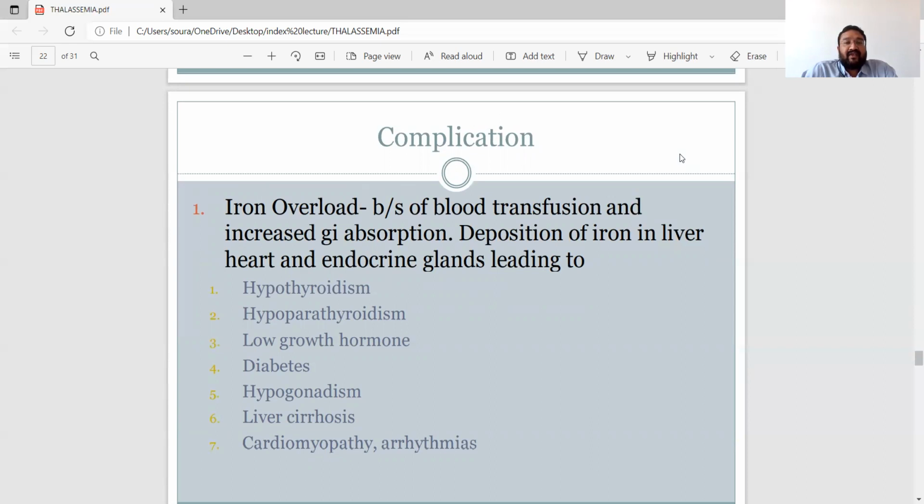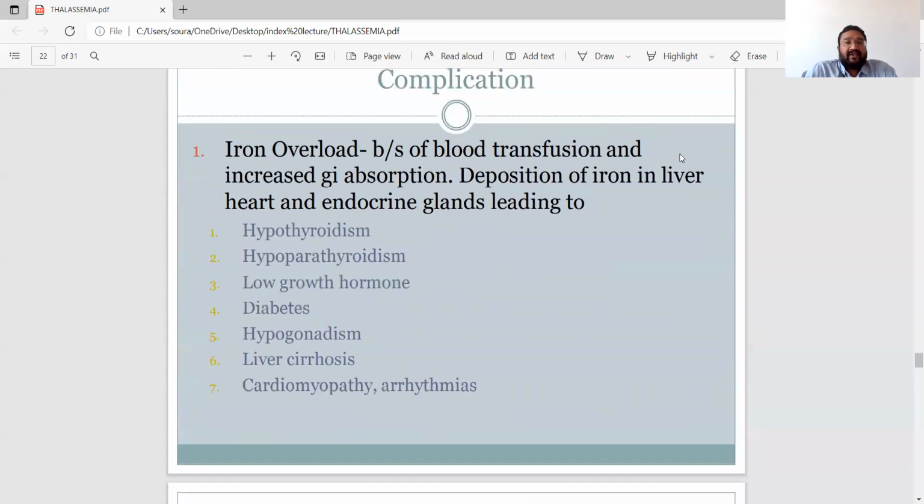This iron is deposited in various organ systems of the body, mainly liver, heart, and endocrine glands, leading to hypothyroidism, hypoparathyroidism, low level of growth hormones, diabetes, hypogonadism, cirrhosis of liver, cardiomyopathy, and arrhythmias.